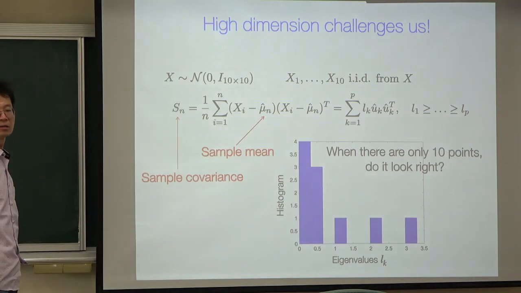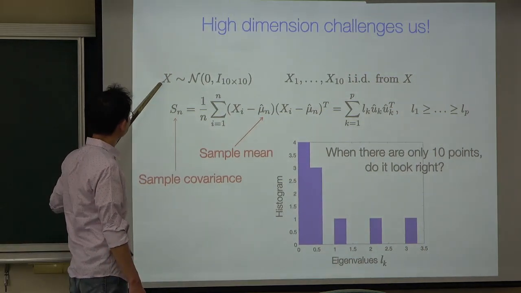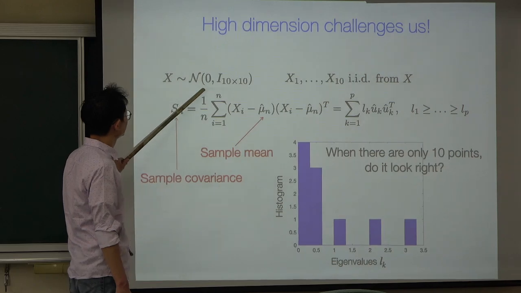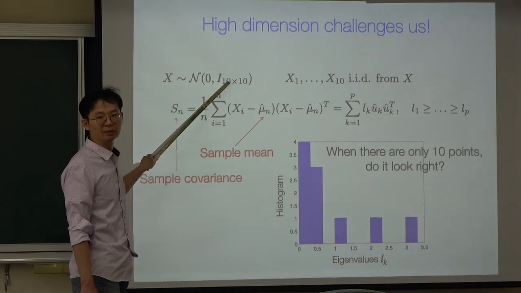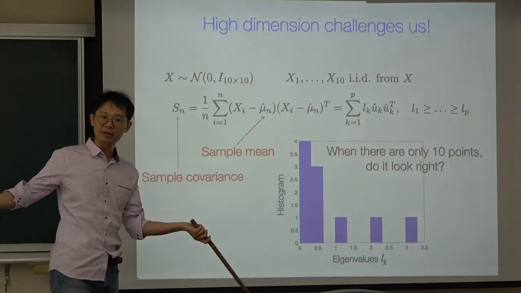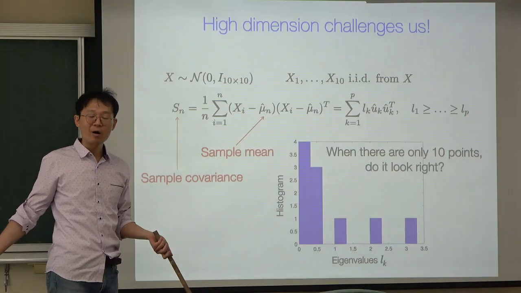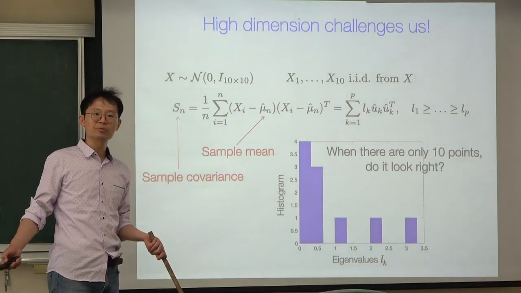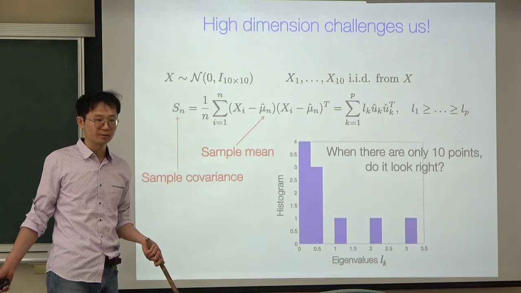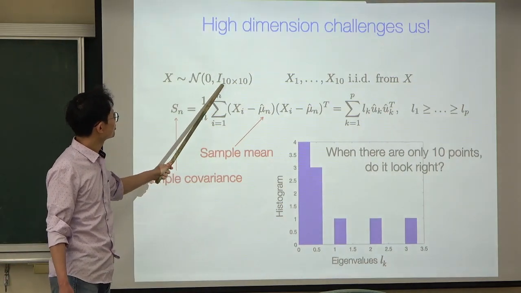Let's take a look at one example. A very simple random vector, which is Gaussian, and the covariance is the identity. If you can recover it well, what will be the distribution of all eigenvalues? All eigenvalues will be very close to 1, because the identity matrix has all eigenvalues 1.